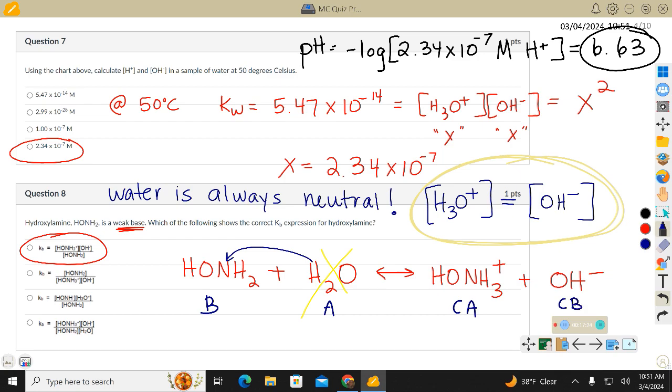So if they tell me it's a base, I know the job of a base is to react with hydrogen, remove hydrogen from the water that's remaining in the solution. And I can look at this equation and say that it's a base because hydroxide is one of the products. When I write the Kb expression, I go products over reactants, but we do not include the liquid water. No pure solids or liquids.